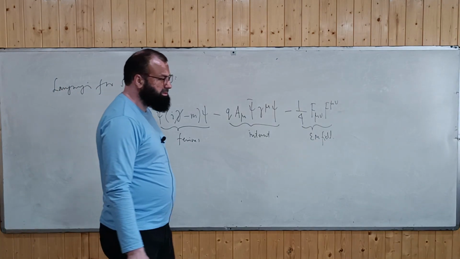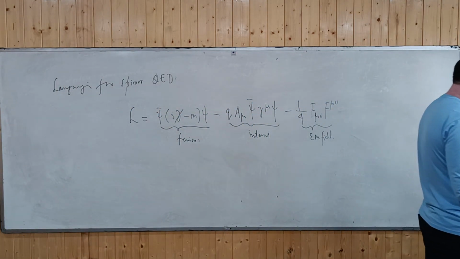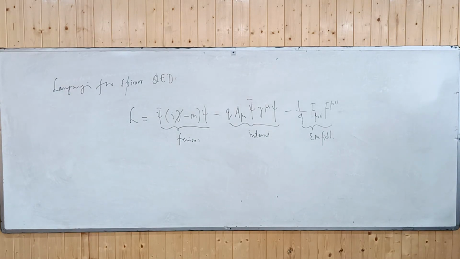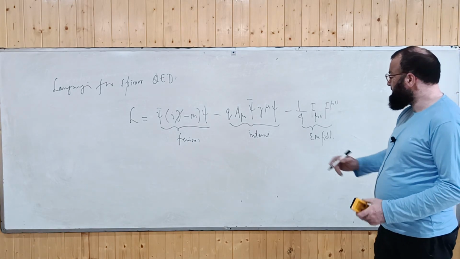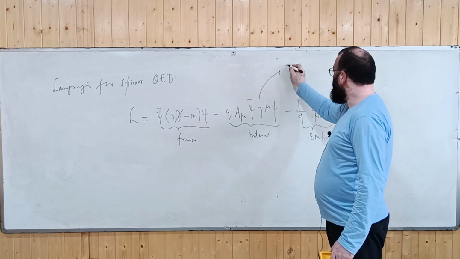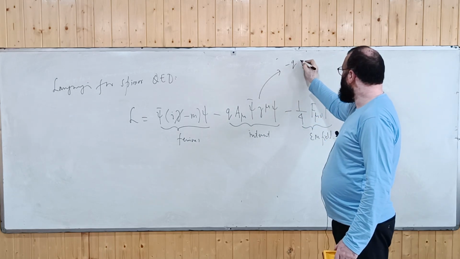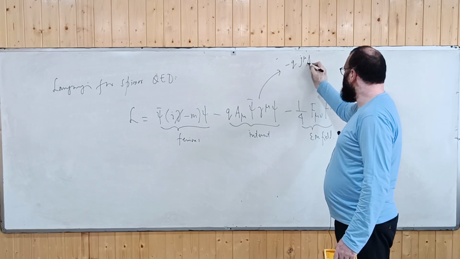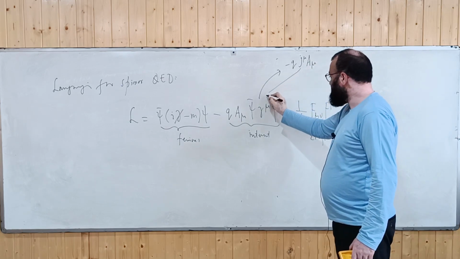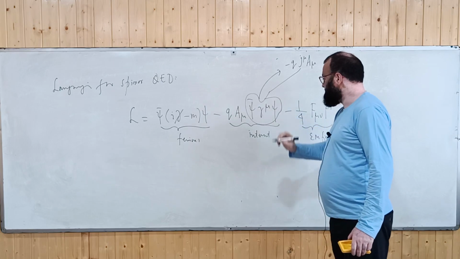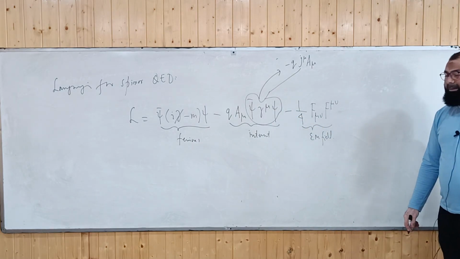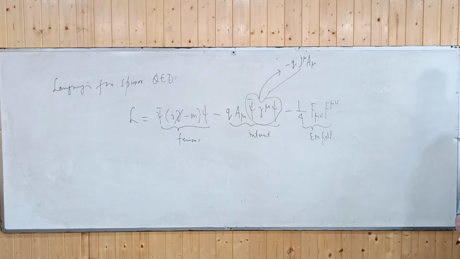Okay, so now let's go to the Feynman rules. If you have any question, just tell me. Then we will take, so this term you can also write as minus Q J mu A mu, where J mu is this vector, and Q is the charge carried by a fermion.